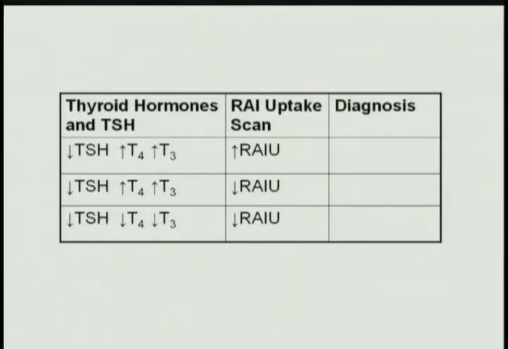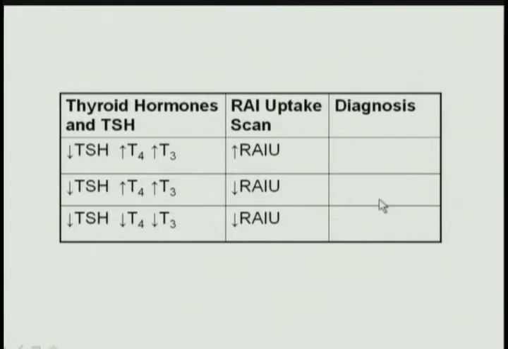And the answer is this patient has subacute thyroiditis, where you get a viral infection and then the thyroid is inflamed and there's breakdown of cells, spilling of the thyroid hormones and hyperthyroidism. But when you do the radioactive iodine uptake scan, there's decreased uptake. The reason is because the cells are inflamed and damaged. And this is a very important entity to know about because 2-3 weeks later, 1 month later, this patient becomes euthyroid. This disease goes away.